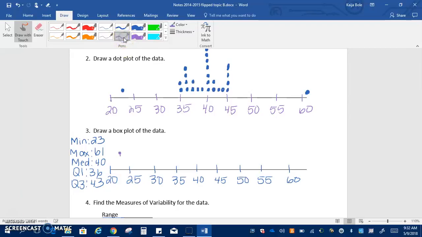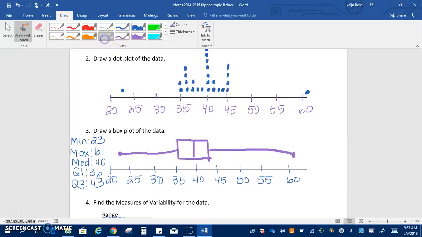Our maximum is 61, and that gets a dot. Our median is 40, that gets a line. Then we have Q1, which is 36, that gets a line. And then 43 finishes out our box. So here is our box plot. Oh, that wasn't very straight.